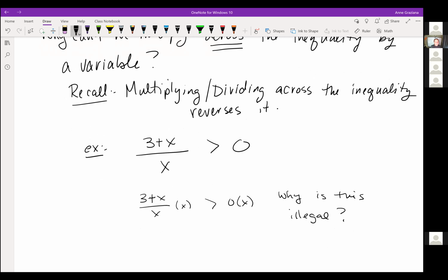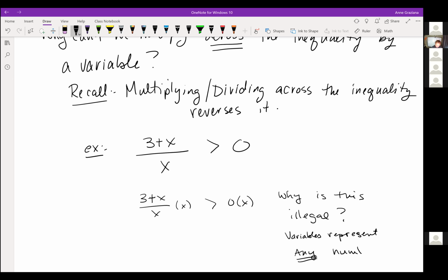What if I multiply by a variable? What does a variable represent? An unknown number. Okay. Variables represent, and in particular, they represent any number.